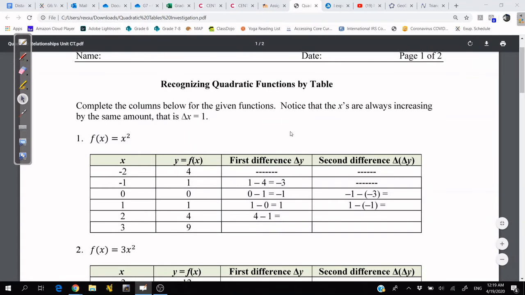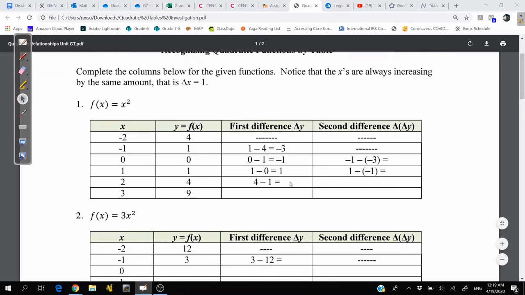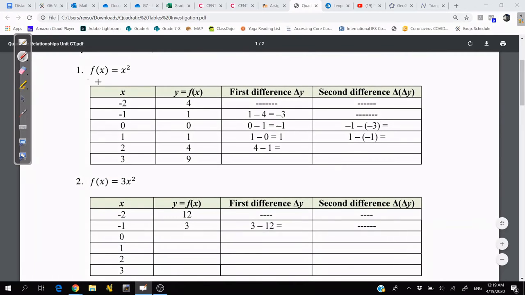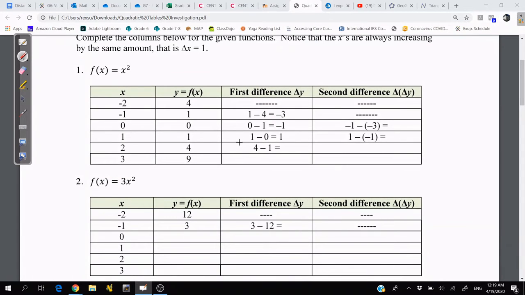So let's go back to this assignment that you guys had. What's the change here? Well, end minus start is 1 minus 4, and that's how they get that -3. And then they do the same thing: this is 0 minus 1, that's why they have 0 minus 1 over here.